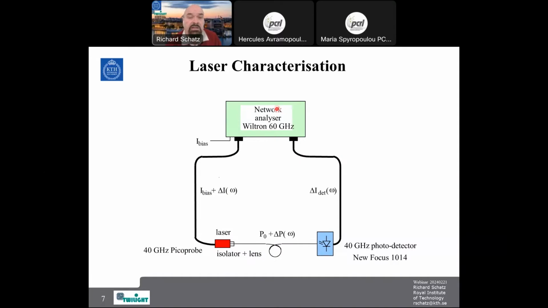And the network analyzer compares the received signal with the transmitted signal and sees how the amplitude and phase vary depending on the frequency it sent out. So it sweeps its frequency. So it measures the transfer function of a laser and detector.